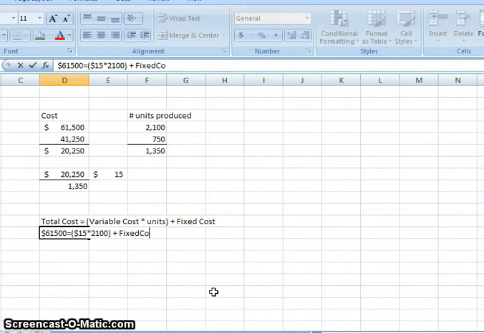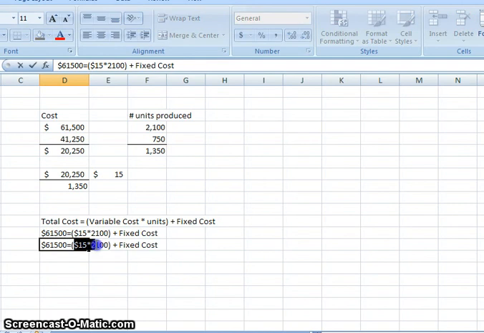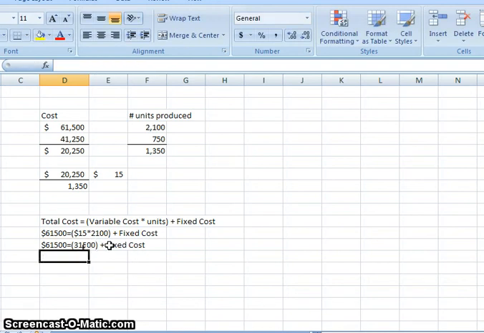Because what we're trying to determine is what the fixed cost is. We already know the variable cost is $15 a unit. So you expand this out a little bit, and you've got 61,500 equals 31,500, which is 15 times 2,100, plus a fixed cost.